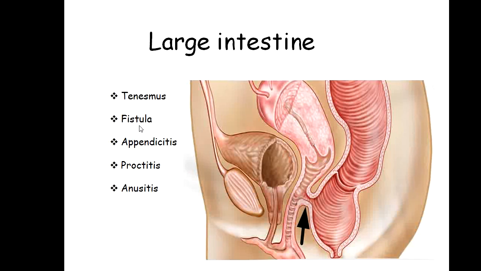The most common fistula which takes place inside the body is the vaginorectal fistula. In the diagram you can see, this is the rectum, and this is the vaginal lining.